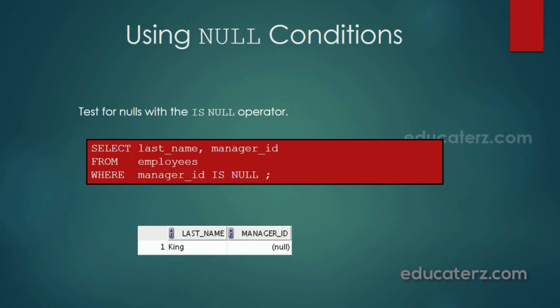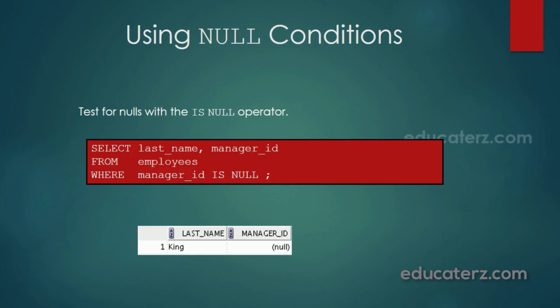Using null conditions in the where clause. Because null is not equal to null, we cannot write null is equal to null in a traditional way. So basically, in order to test for nulls, we use the IS NULL operator. For example, I want to list out the employee name and manager ID of the employee who doesn't have a manager.